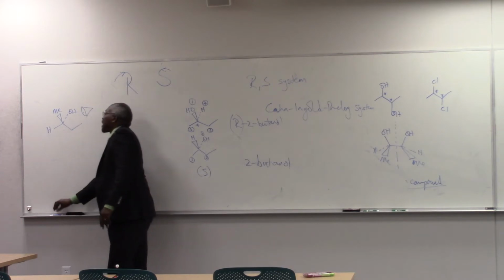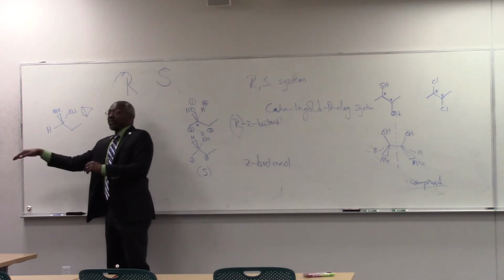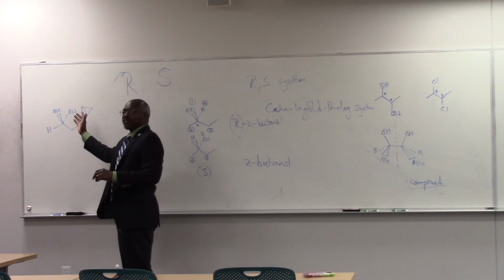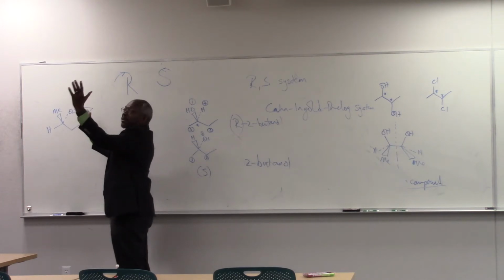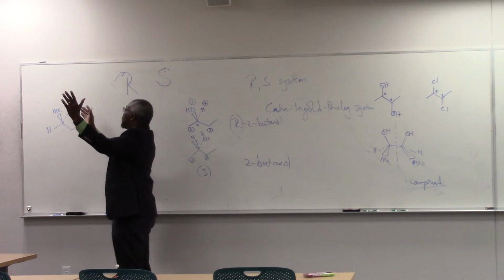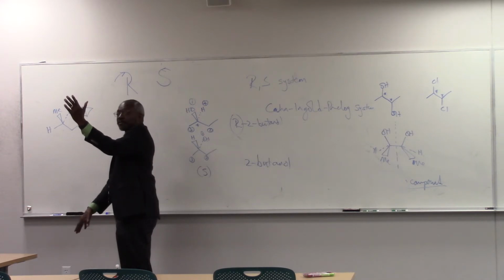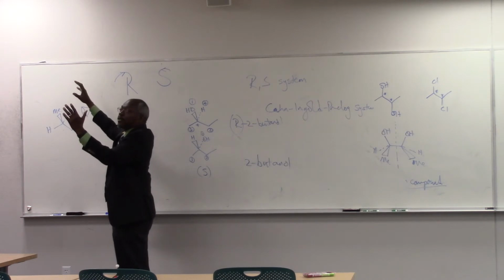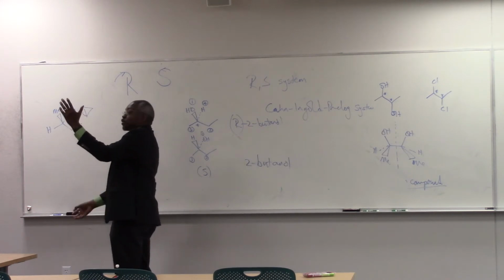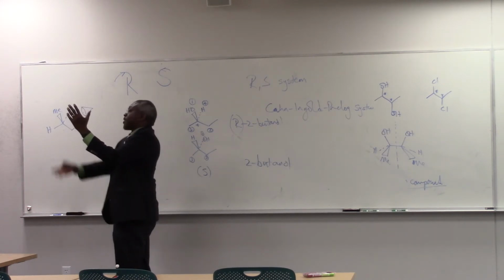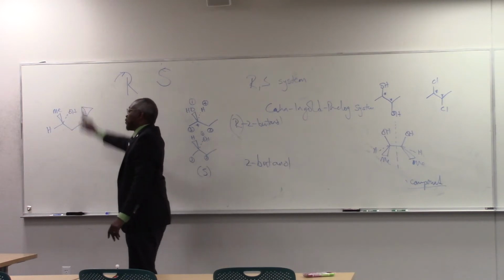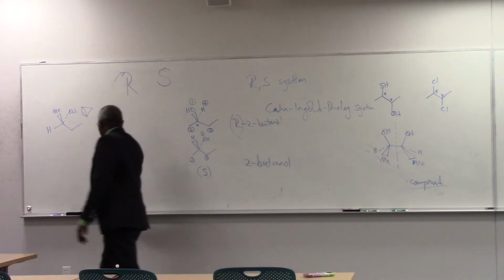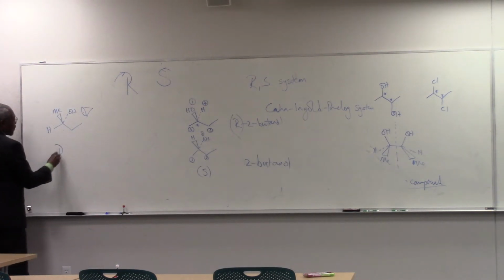And if I do that, so the H is pointing away from me, I have OH on the right, methyl here on my left, and ethyl here. In which case, going from priority 1, OH, to priority 2, ethyl, to priority 3, methyl, I'm going this way, and that is clockwise. So this compound is the R compound.